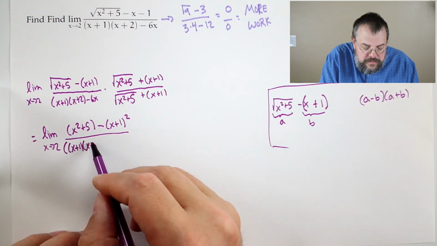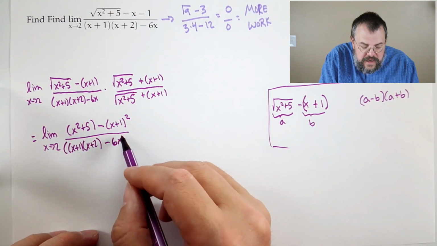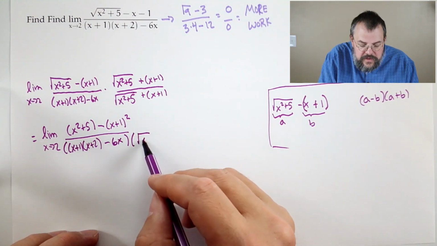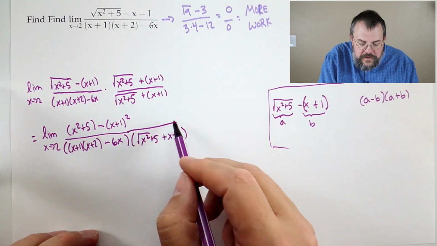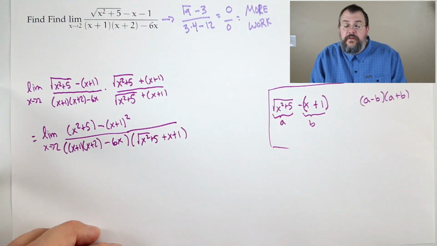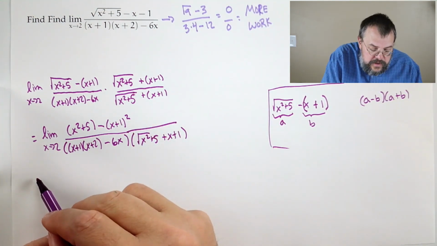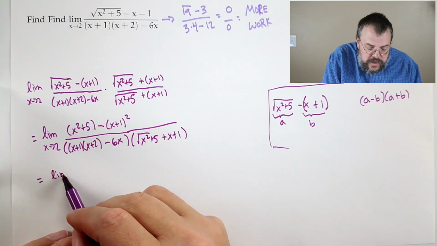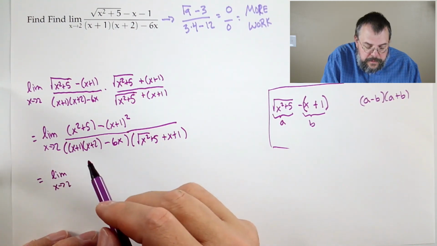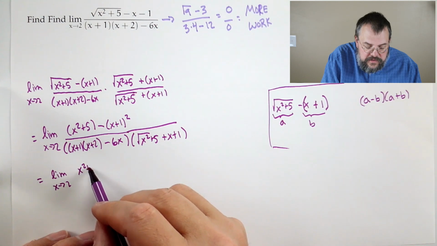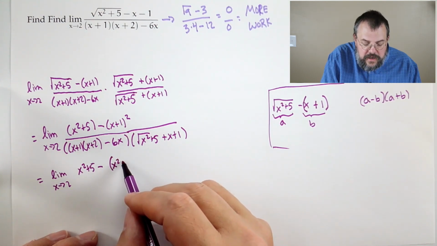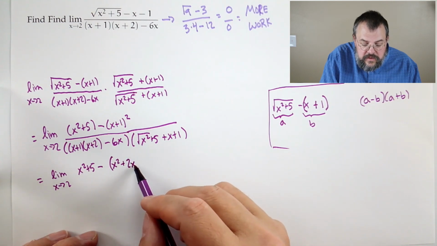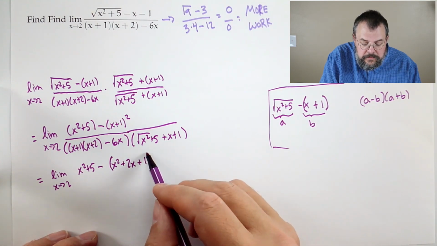So we'll save that for our next step. x plus 1 times x plus 2 minus 6x times square root of x squared plus 5 plus x plus 1. I've gone ahead and dropped the parenthesis, but that's okay. Now, we start on our cleanup. Upstairs, x squared plus 5 minus, and then we square that out, x squared plus 2x plus 1.